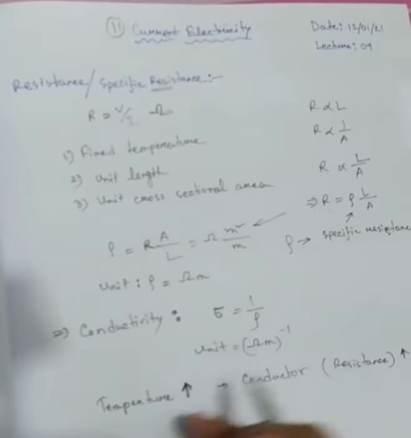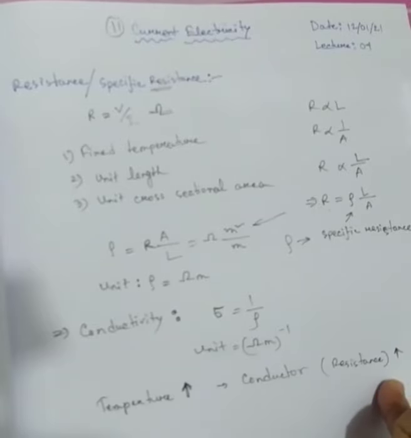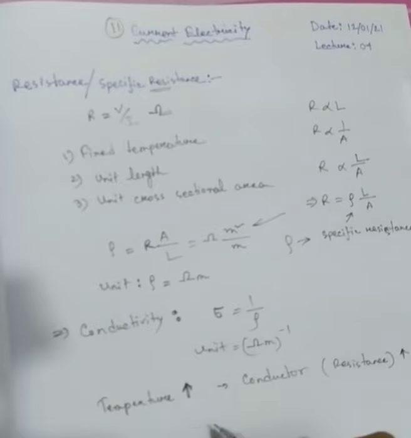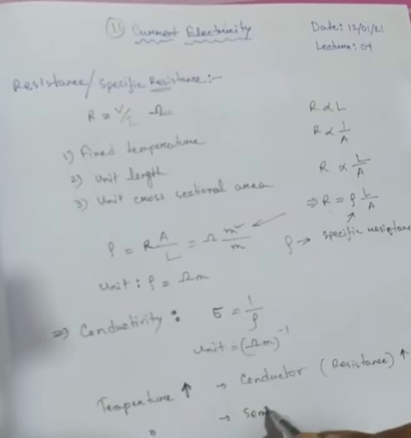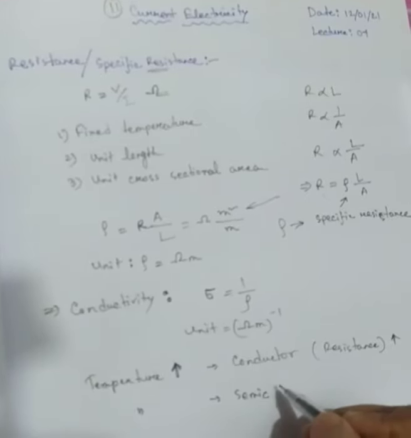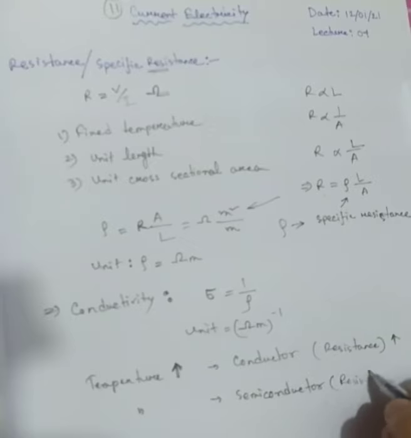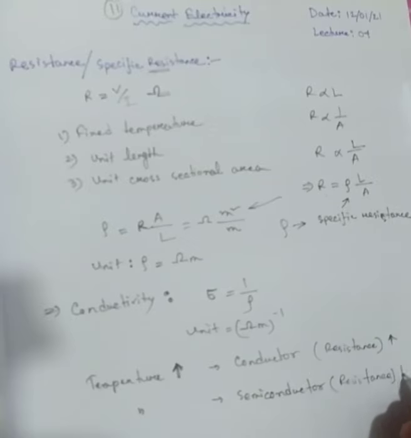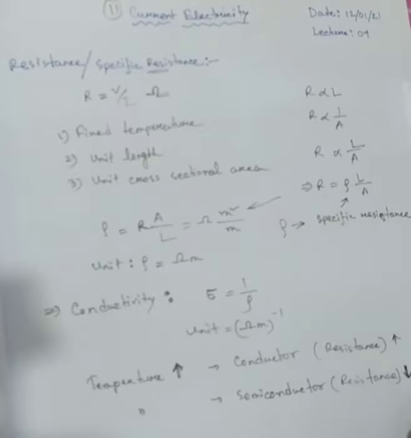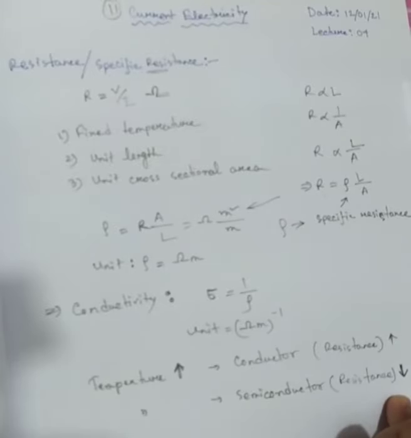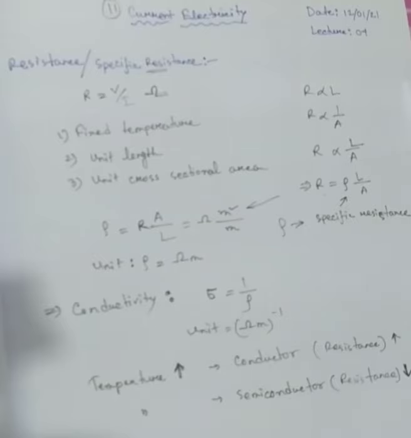This symbol indicates that temperature is increasing. As the temperature rises, the resistance of a conductor increases. But in the case of a semiconductor, if the temperature rises, the resistance decreases. This symbol indicates that resistance is decreasing. What is the explanation for this point?